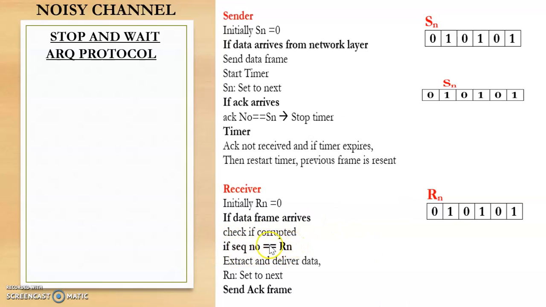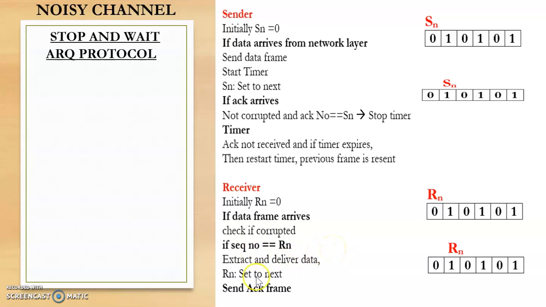The sequence number is the sequence number of the data frame. If the sequence number is equal to Rn, then the data link layer will extract the information from the frame and then deliver the data to the layer above it, that is, to the network layer.